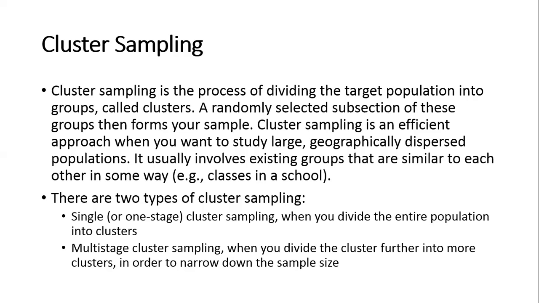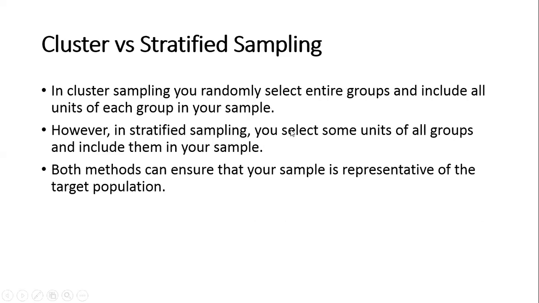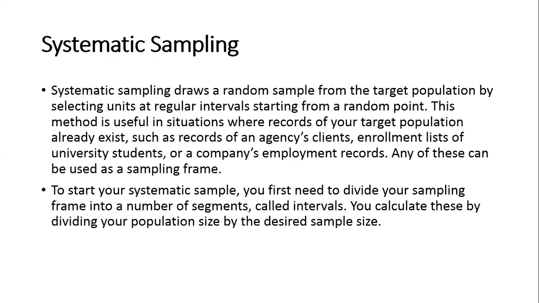That's 6 clusters. Within each cluster, you pick maybe 1 or 2 states and work on those, and collect samples from those. Is that clear? Yes. So if you do that, then you are doing cluster sampling.